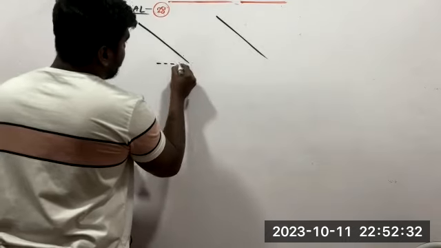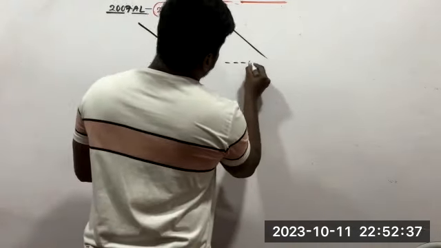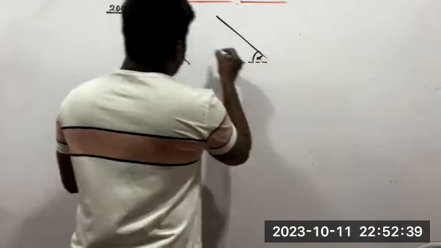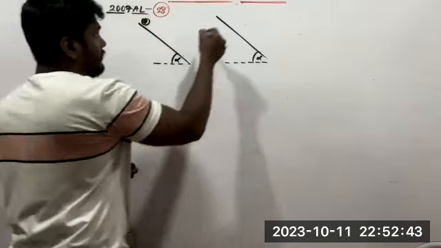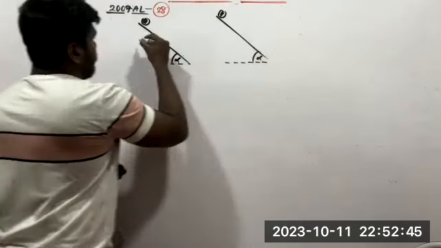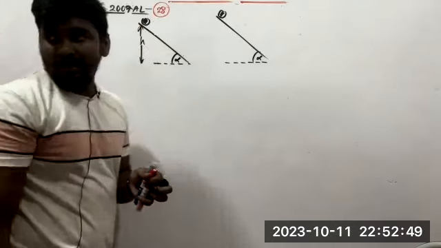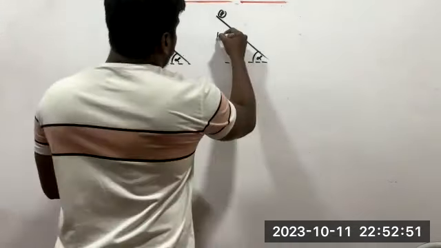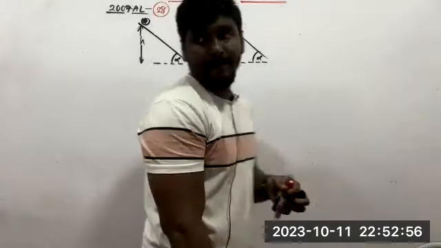Let's assume both of them have the same inclination. Initially, the spheres are at the same elevation, the same height, at rest.